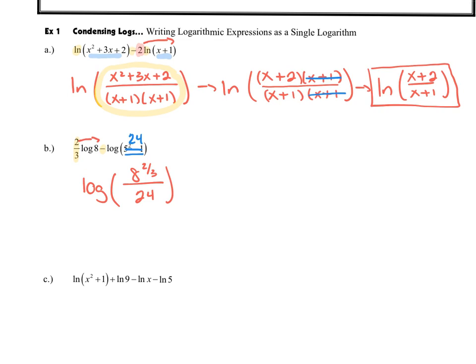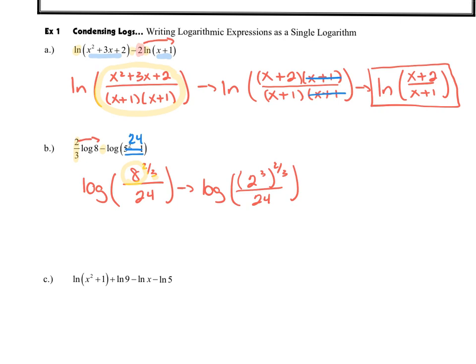Then I'm going to start to clean up that 8 to the 2/3. So thinking back to our Algebra 2, I want to write this 8 with a base of 2. So what I'm going to do is write log, and I'm going to write 2 cubed, and that's still to the 2/3 power, and that's still over 24.